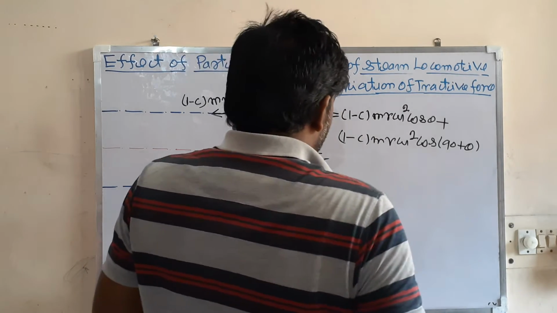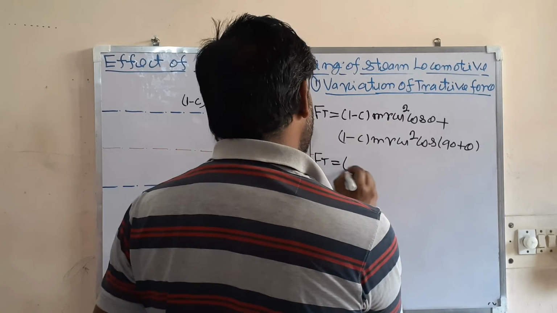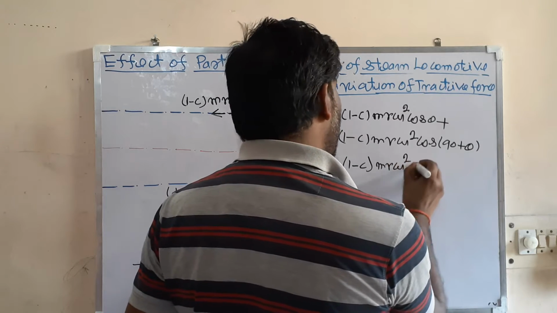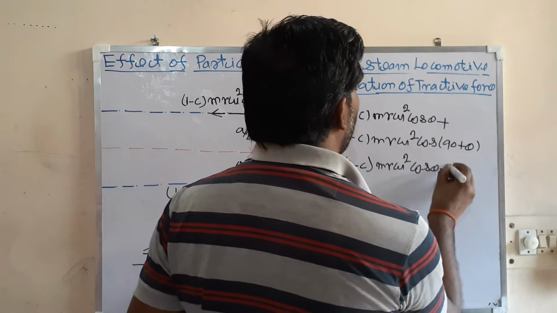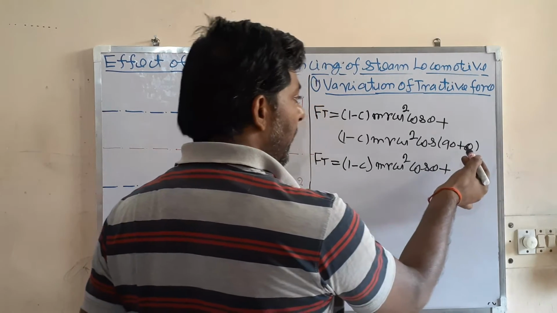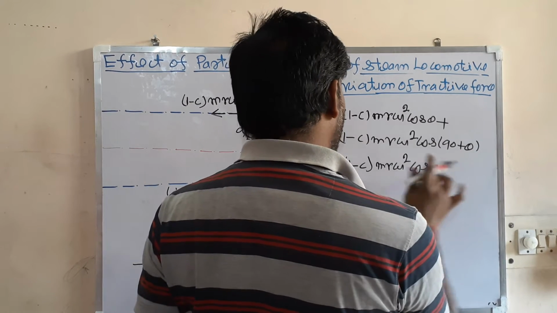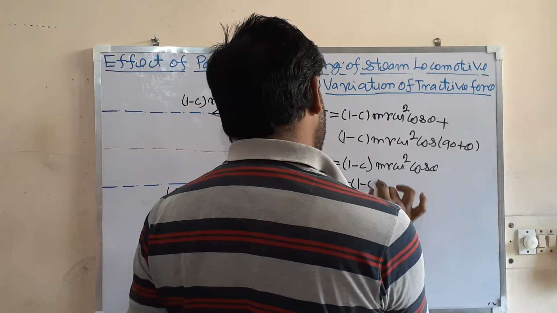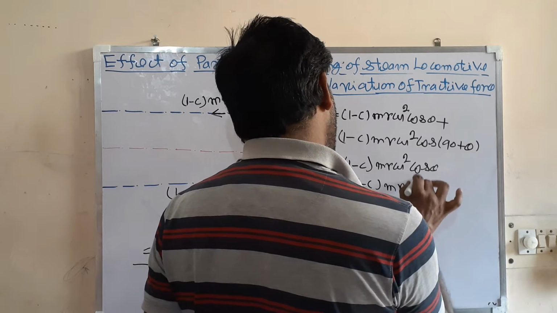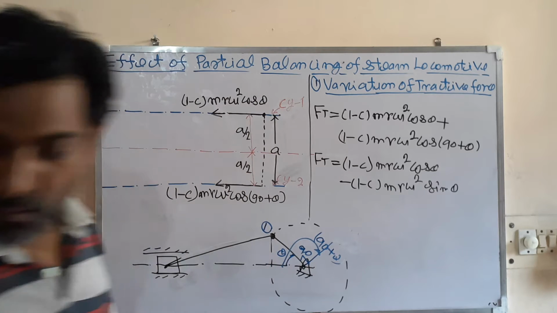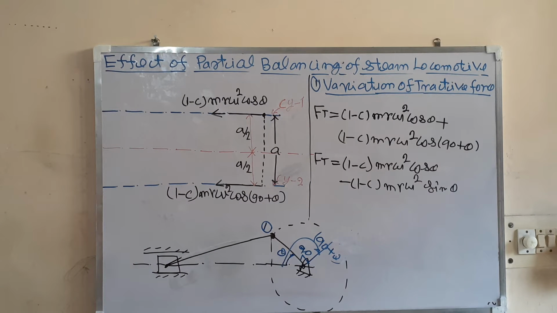Ft is equal to (1 minus c) m r omega square cos theta plus (1 minus c) m r omega square cos(90 plus theta). Cos(90 plus theta) is equal to minus sin theta, so that becomes (1 minus c) m r omega square (cos theta minus sin theta). So what will be the unbalanced force?